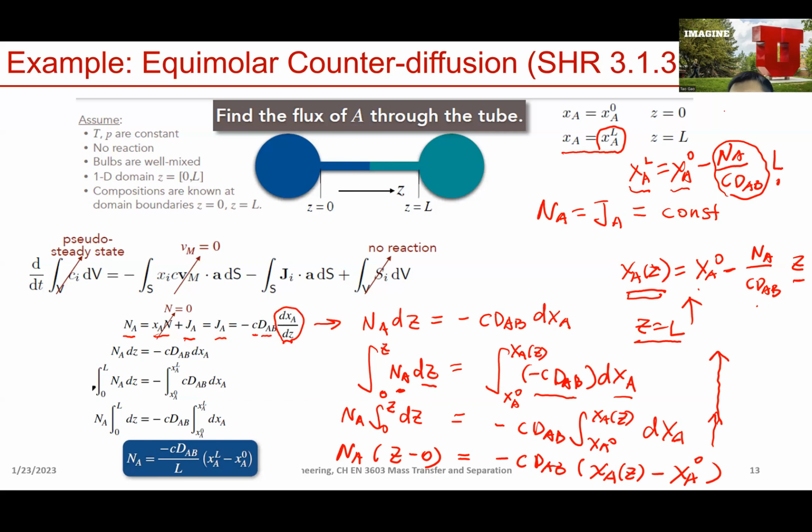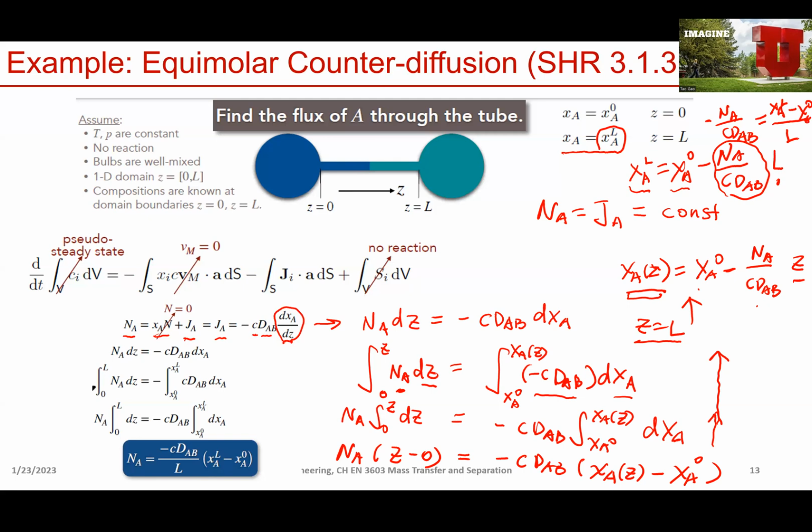Then we will be able to get minus NA over CDAB, this term with the minus sign, equals, so what you need to do is take XA0 to the left: XAL minus XA0, divided by L.